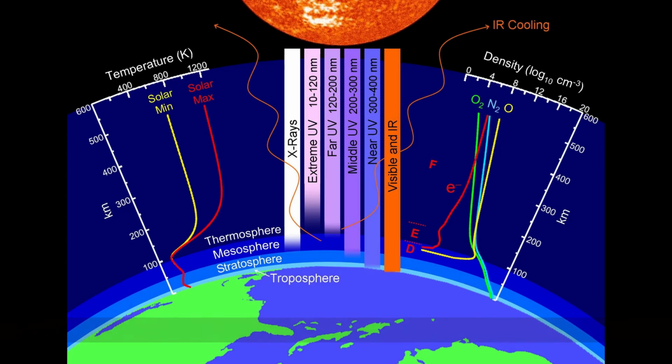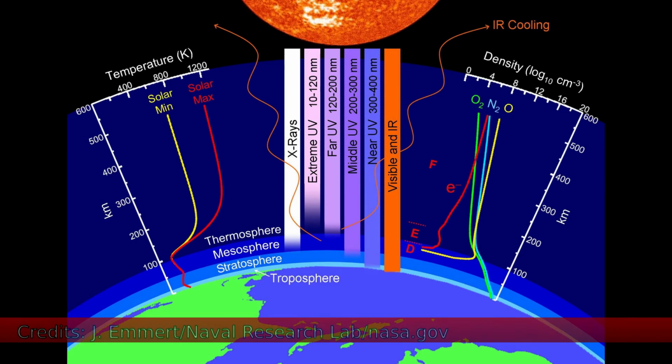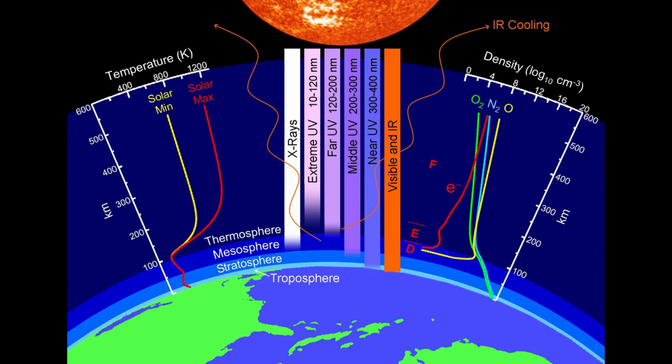In this little sketch, you can really see some of the important parameters from the sun and where they affect the atmosphere. And one of the very interesting things is the influence of the solar activity on the temperature in the upper atmosphere.